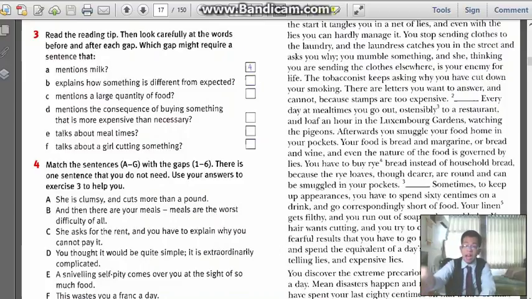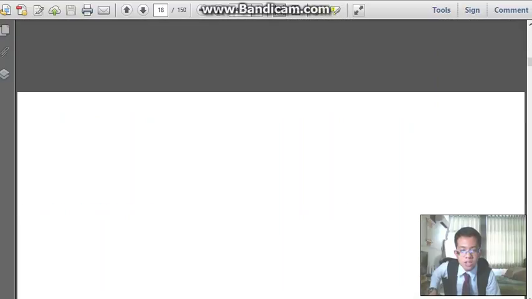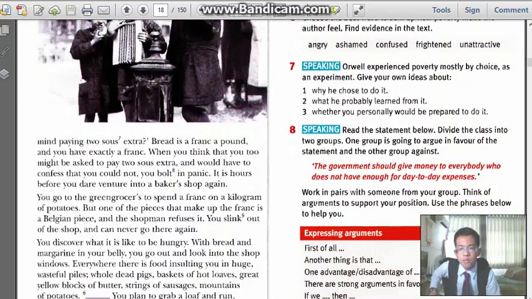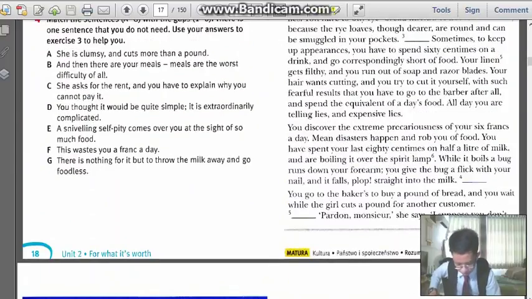Just look at number 1 as an example, A. It requires a sentence that mentions milk. They wrote the number 4. So number 4, let's scroll down to number 4. Number 4 is up here, sorry about that.